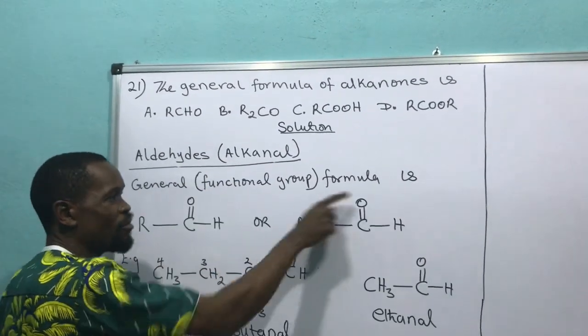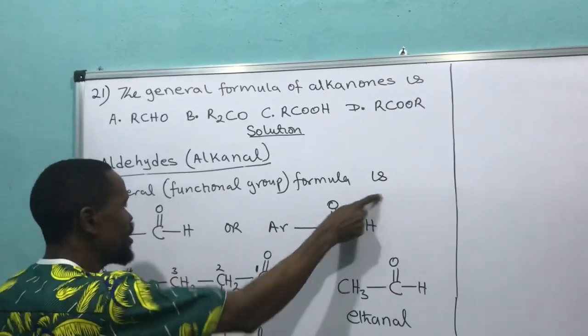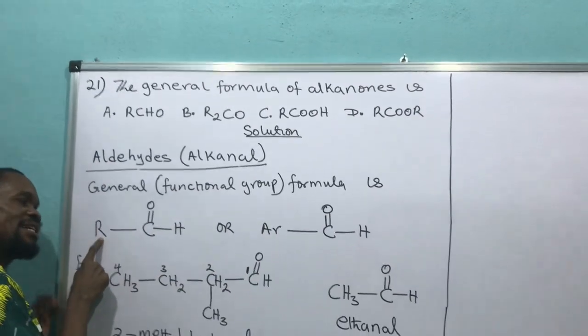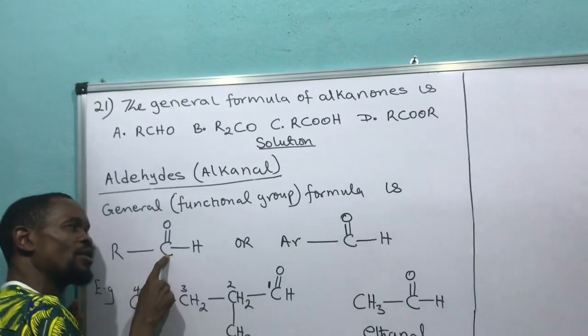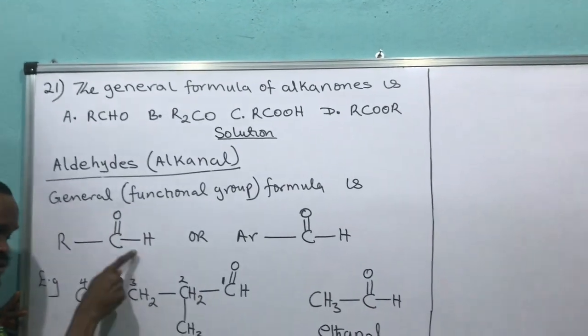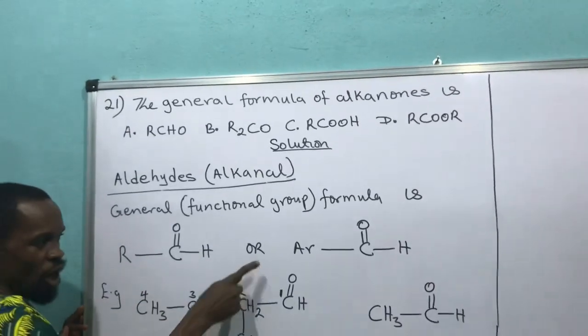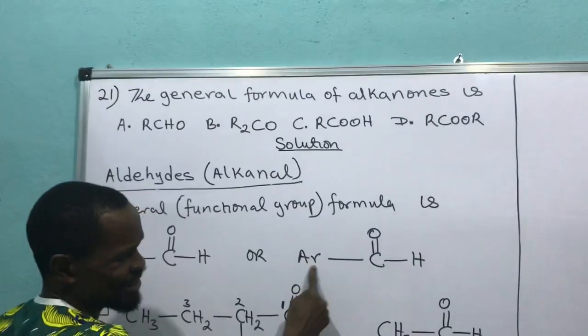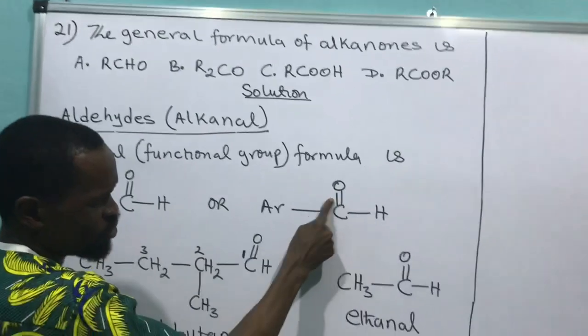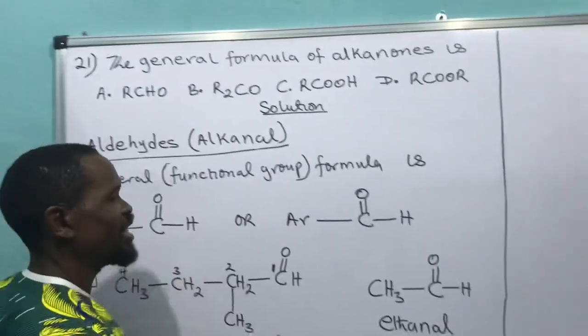The general formula, or what we call the functional group, is aliphatic with carbon carrying O, but you see that H is at the extreme end. Or aromatic, carbon carrying the functional group with H at the extreme end.